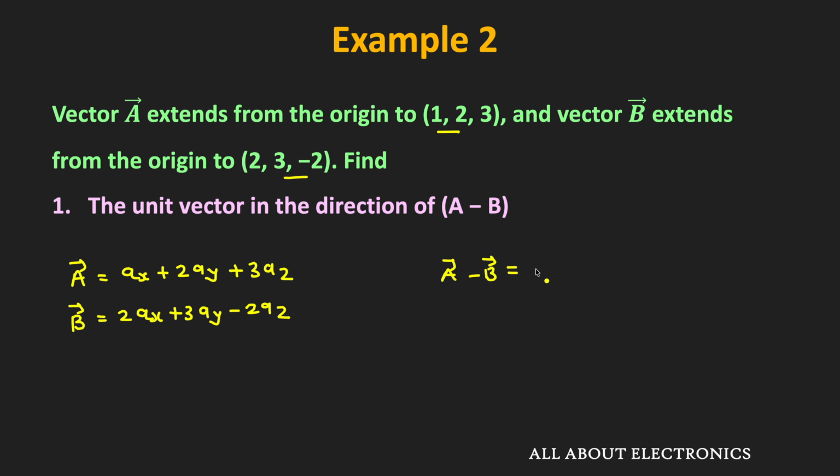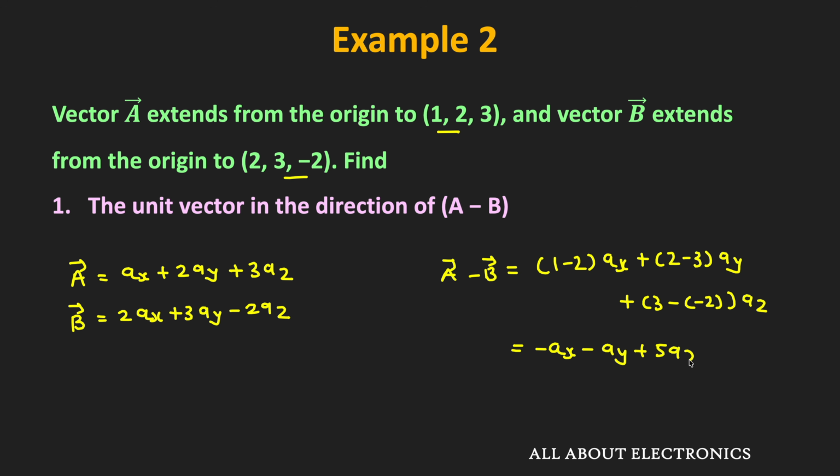That means A minus B is equal to (1 minus 2) ax plus (2 minus 3) ay plus (3 minus 2) az, so that is equal to minus ax minus ay plus 5az.